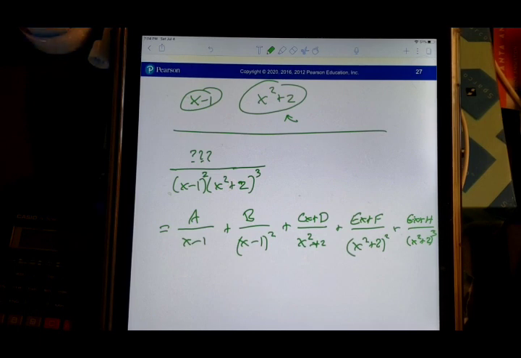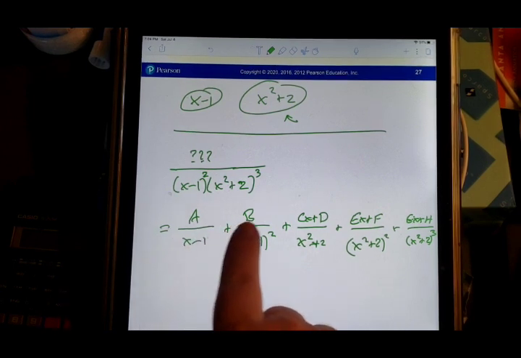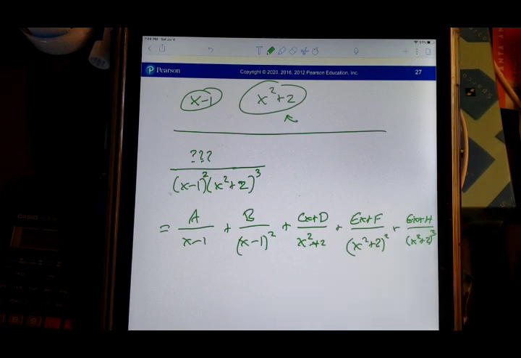I have to tell you, this is terrible. So, I mean, the work involved in finding A, B, C, D, E, F, G, and H could be incredible. Notice the lack of forbidden values here.